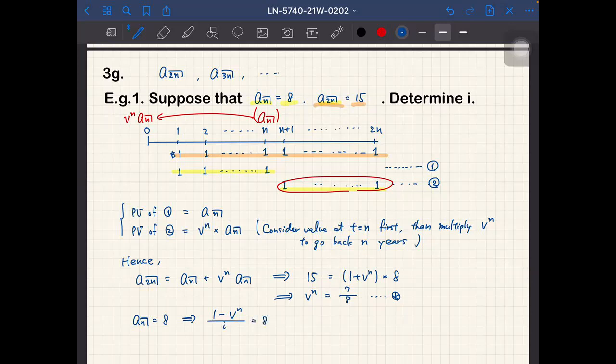So plug in: v to the nth power is equal to 7/8. Then 1 minus 7 over 8, over i, is equal to 8. So that means 1/8 over i is equal to 8. So multiply 8 on both sides, then take the reciprocal.